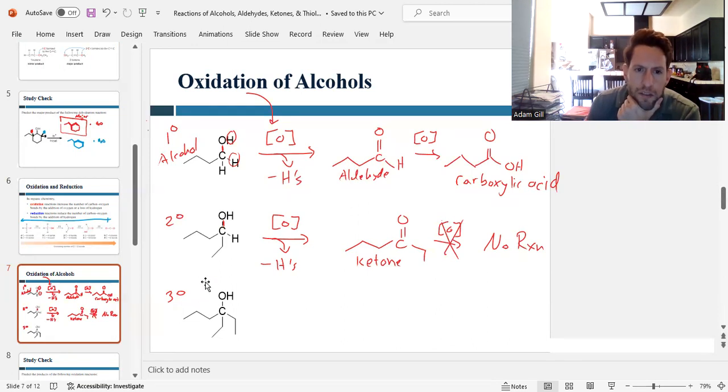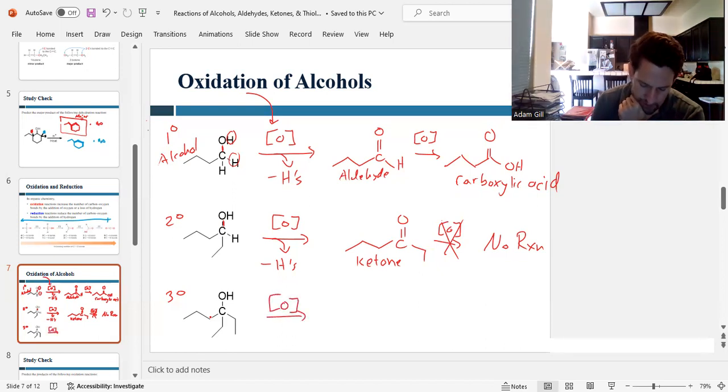Now, for tertiary, it's a little different. So remember when we oxidized, we were ripping off hydrogens? Notice there's no hydrogen on the carbon here.